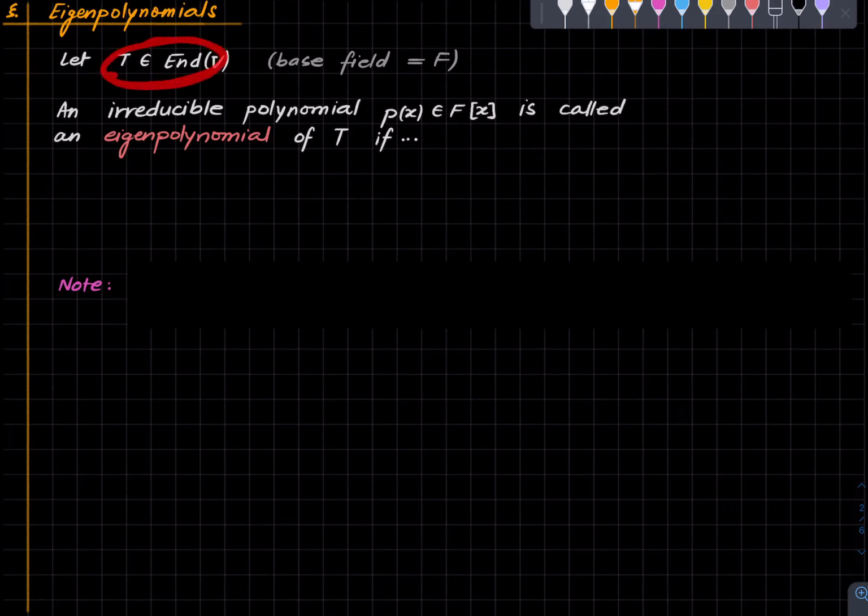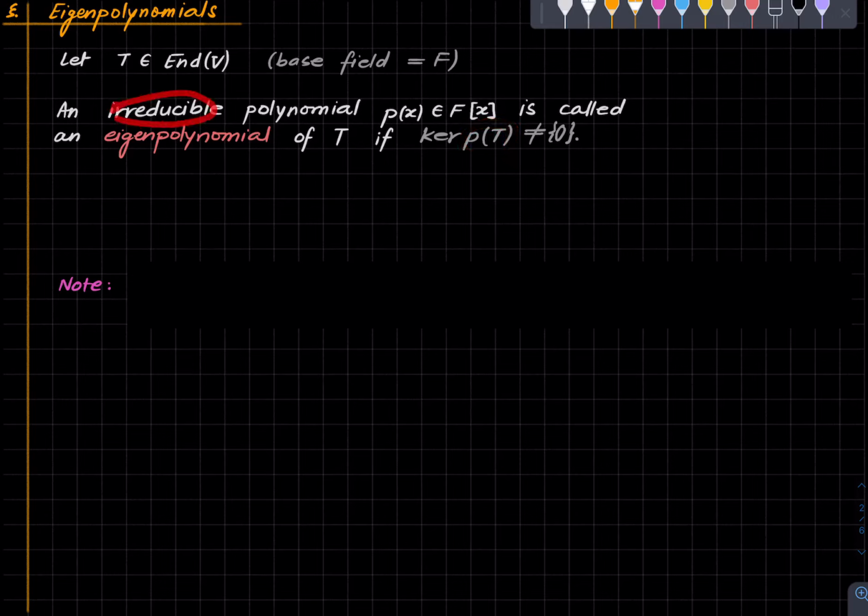Fix an endomorphism T on a vector space V, and the base field is denoted by F. An irreducible polynomial over the base field is called an eigenpolynomial, just like we had eigenvalue, this time we are talking about an eigenpolynomial of T, if the kernel of P(T) is non-trivial. Obviously this means that there is a non-zero vector which is killed by P(T).